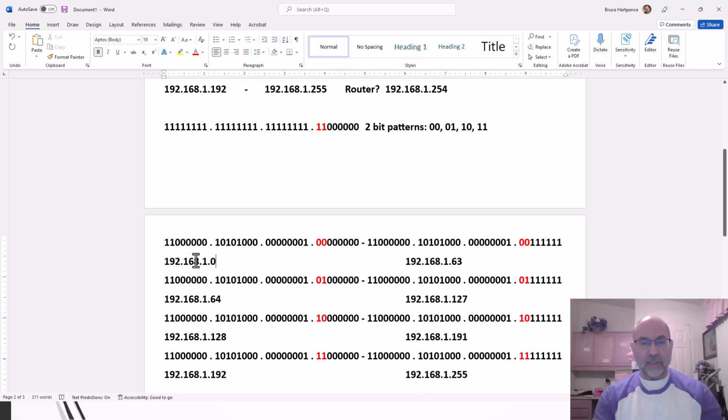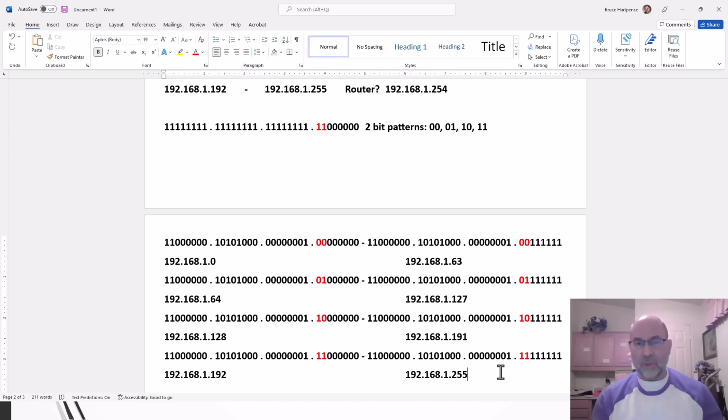So there was the classful network address. This was the classful broadcast address. Now these are the broadcast addresses at the subnets, and these are the subnet IDs, right? All ones in the host portion for the broadcast, and all zeros in the host portion for the network address.